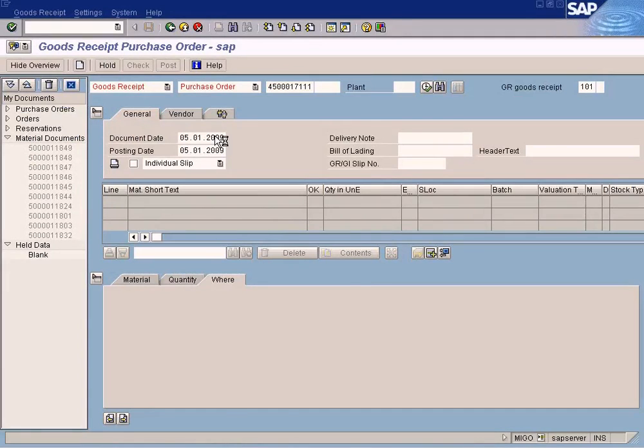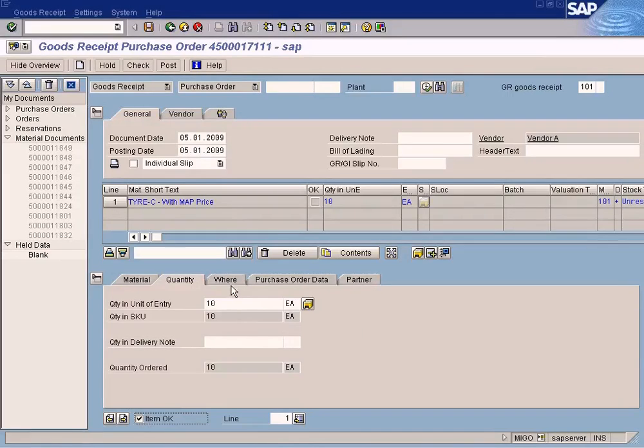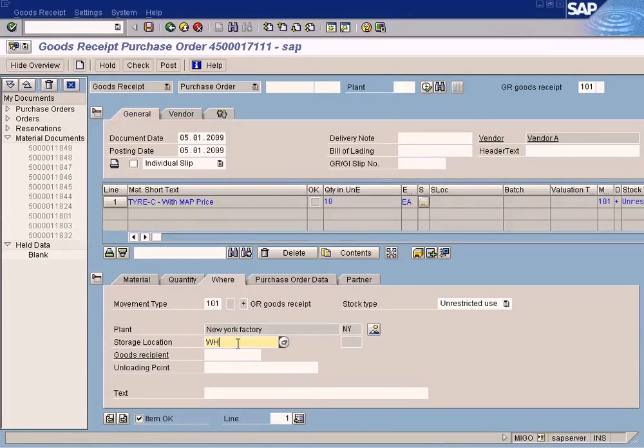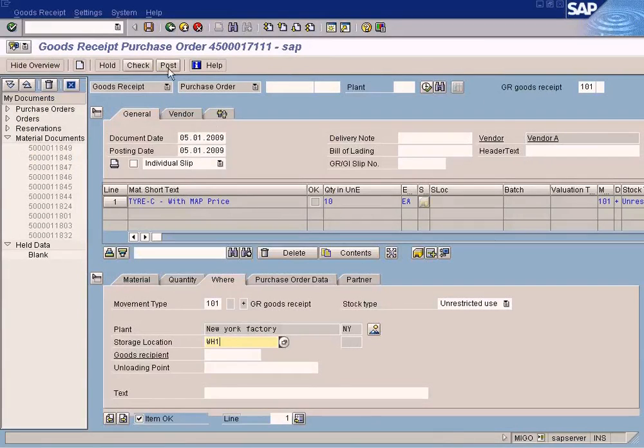I'm going to receive all, WH1, and post this. So let us look at the posting. The system will use the purchase order price. Let me post this.